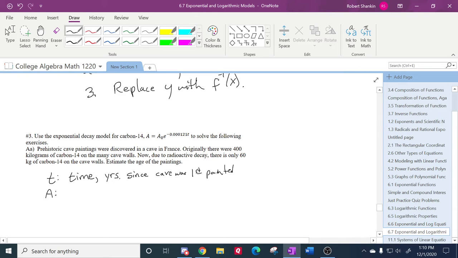And then they probably made their paint from some living things. And so this would be correct, and as the number of years goes on, we get less and less of the carbon-14. If the half-life of carbon-14 is, let's say, 5,000 years, then in 5,000 years, half of the original amount will be there. Okay. Now, what do you have for A?